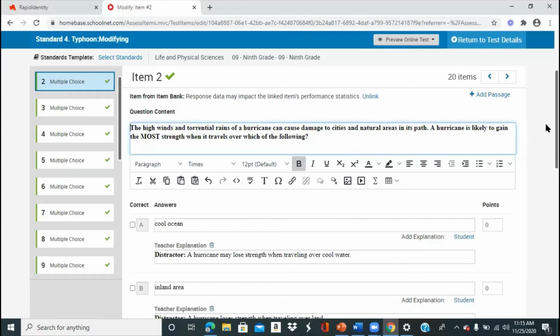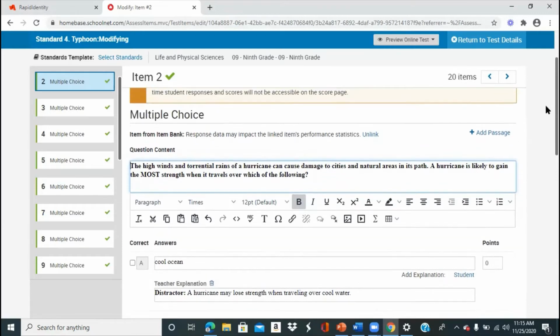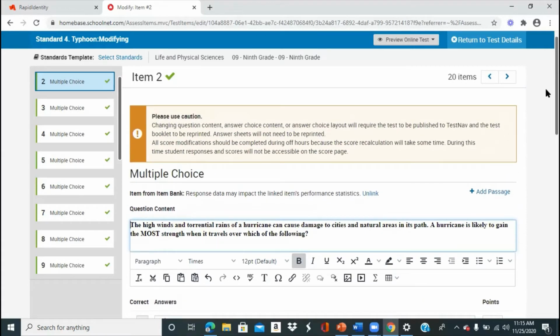We know from our prior knowledge that one of the components that makes a hurricane strong is the temperature of the surface water. If the temperature of the surface water is so warm, then that could boost or fuel up the strength of the typhoon. So all the options that show cool water do not reflect the concept of hurricane formation.